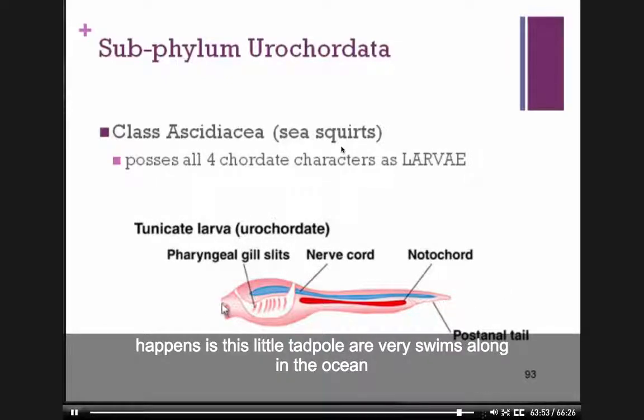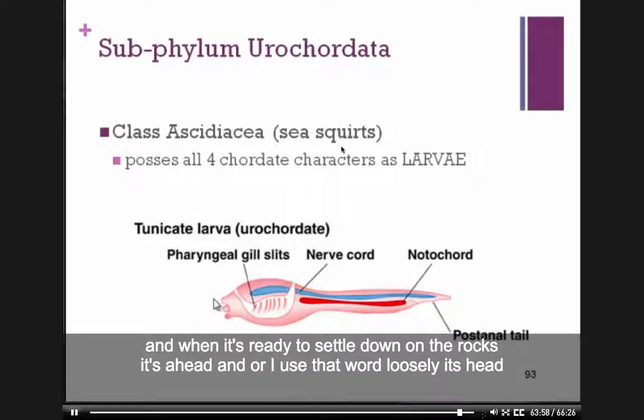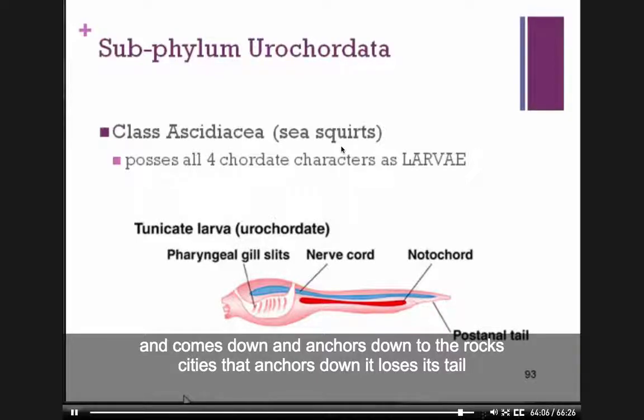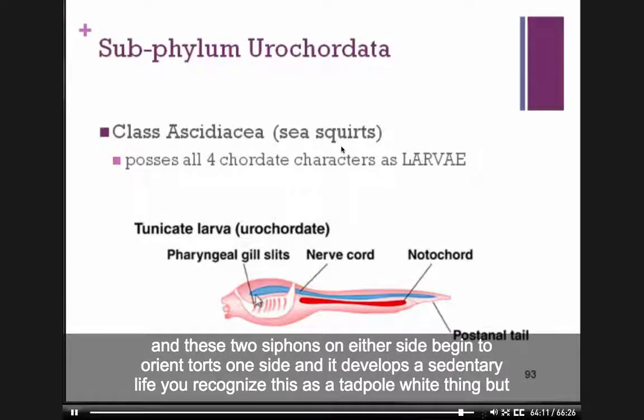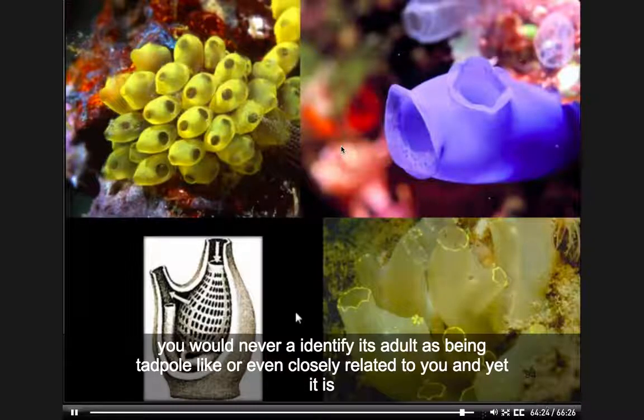Well, what happens is this little tadpole larvae swims along in the ocean, and when it's ready to settle down on the rocks, its head end, or I use that word loosely, comes down and anchors down to the rocks. As soon as it anchors down, it loses its tail, and these 2 siphons on either side begin to orient towards one side, and it develops a sedentary life. You recognize this as a tadpole-like thing, but you would never identify its adult as being tadpole-like or even closely related to you, and yet it is.